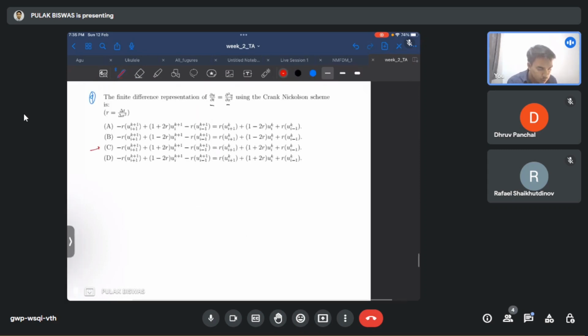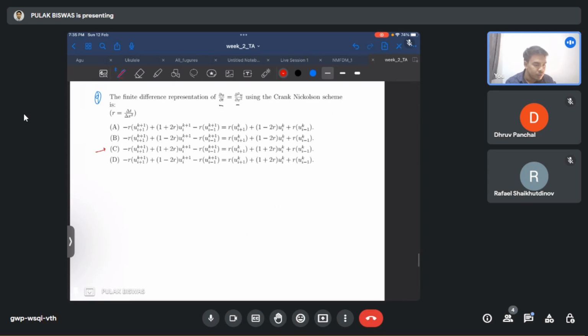If this is the scheme, again you can construct one matrix here, where all are having the k plus 1th level. So some matrix will be coming here, and here you will have the k plus 1th vector of these values. On the right hand side again some matrix will be coming, and your u kth will be there.